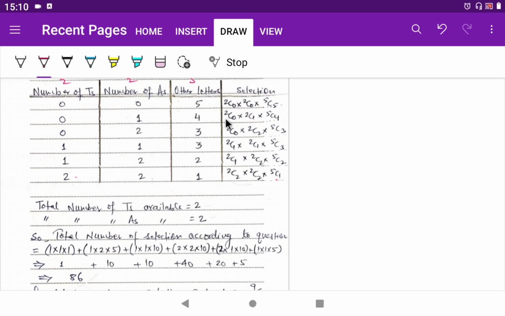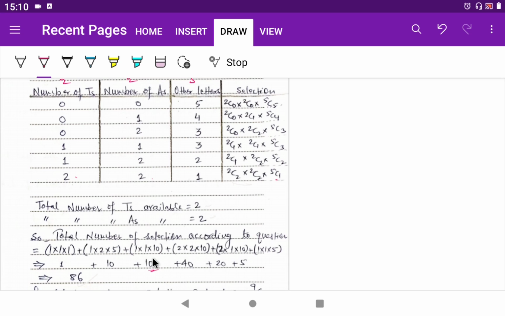So 1 into 1 into 1 gives 1. Then the next value will be 2 and it will be 5, so 10. Then 1 and 1 and this will be 10.